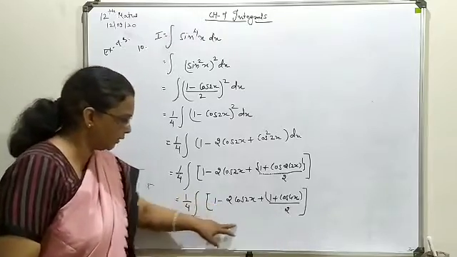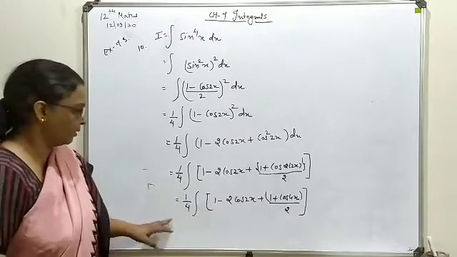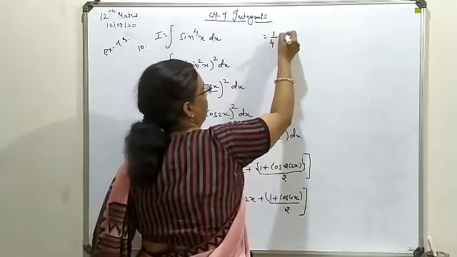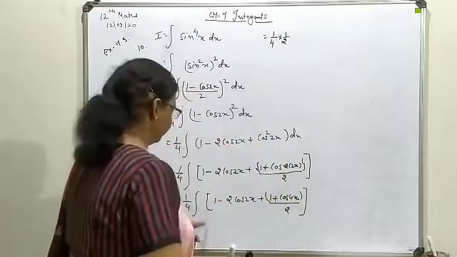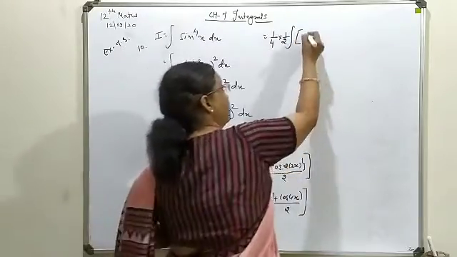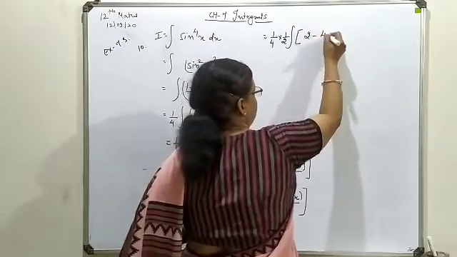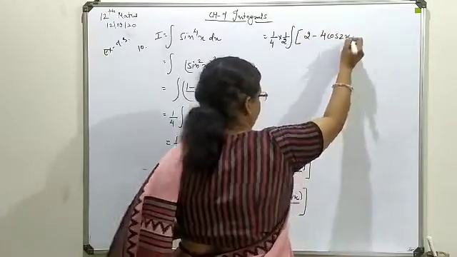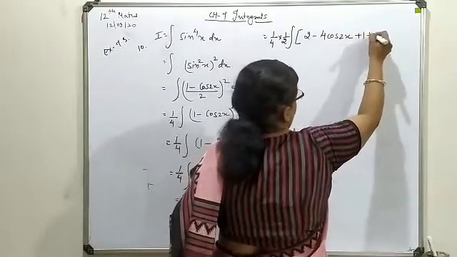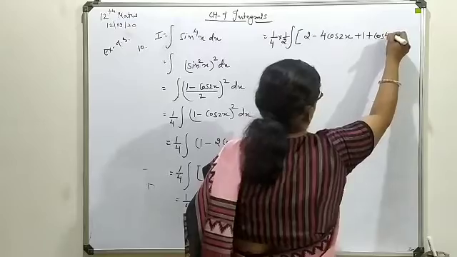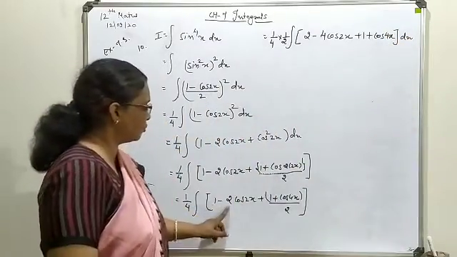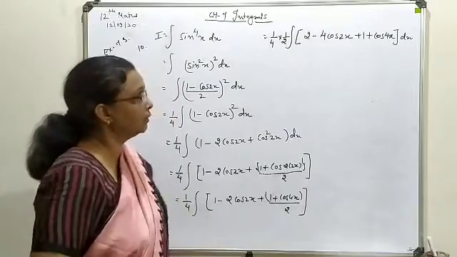So first of all here you go for taking LCM. So that will give you 1 upon 4 into 1 upon 2. On taking LCM this will be 2, this will be 4 cos of 2x, and this will remain as such, 1 plus cos of 4x. So this is 2, 4, 1 and a single one.